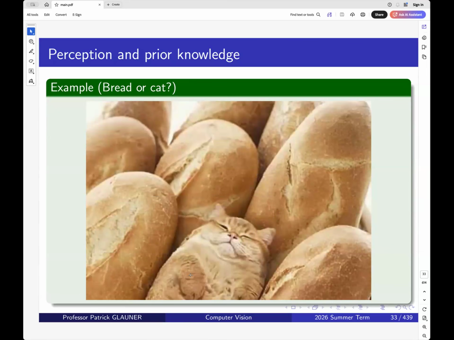And we see this cat has the same color, more or less the same shape as the bread, some artifacts here, maybe like this. So a computer vision system that is trained largely on this bread data and not much on other data may classify this cat as a bread as well.